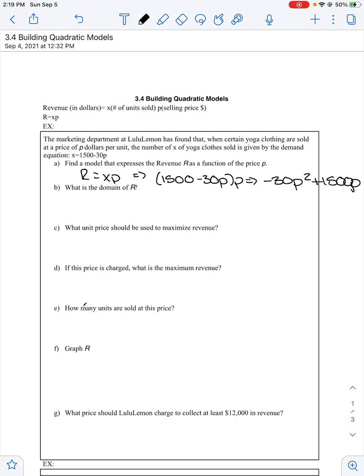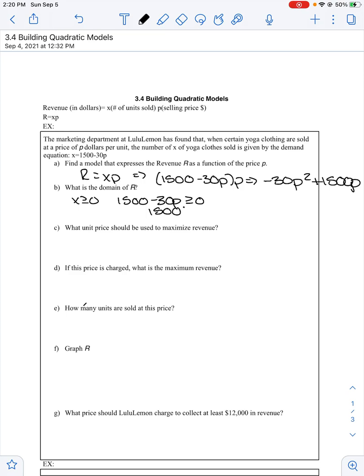What is the domain? It's a quadratic function, but we only want to consider when y is greater than 0 and when x is greater than 0. So we know the domain would be x greater than or equal to 0, and we would want 1500 minus 30p, because that's what x equals, to be greater than or equal to 0.